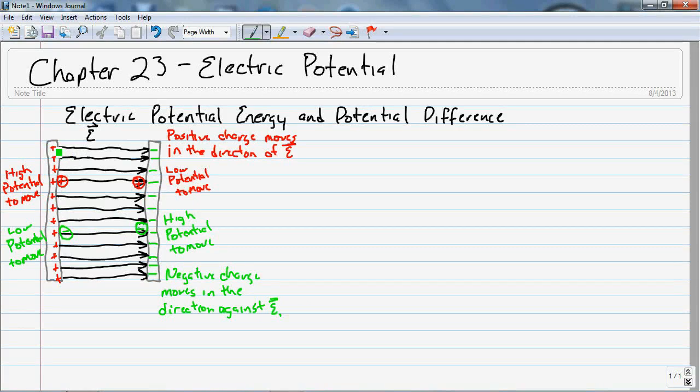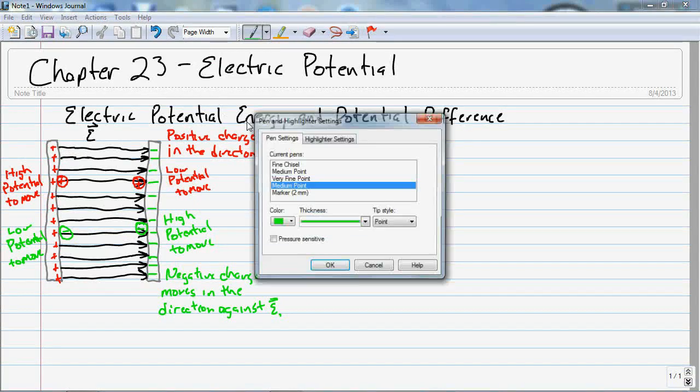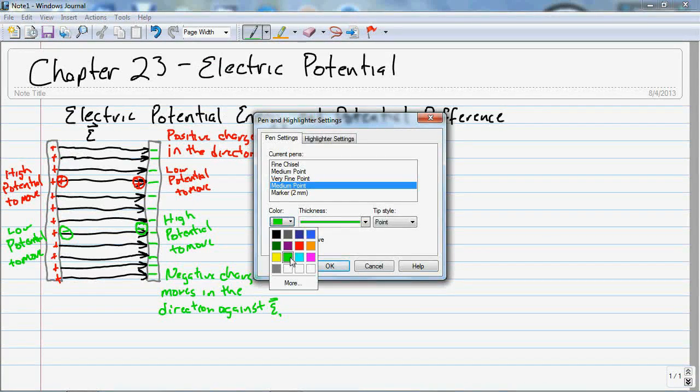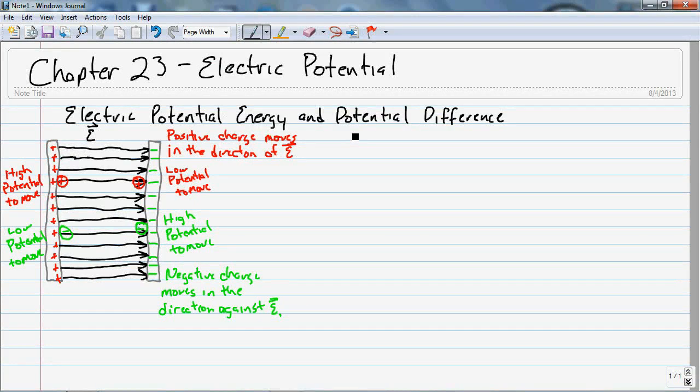Now, because the electric field starts on charges and ends on charges, it's very similar to gravity. Even the formulas, Coulomb's law and Newton's law of gravity, are very close to each other in form.